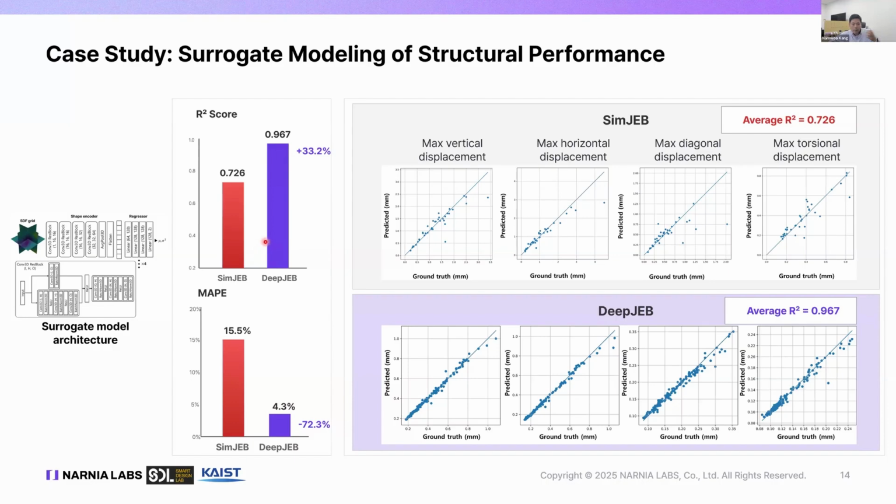When trained on DeepJEB, our model achieved an average R-squared of 0.967, a 3.2% improvement over the model trained on SimJEB. Furthermore, MAE was reduced by a massive 72.3%. These results powerfully demonstrate the superior quality and utility of our synthetic dataset.